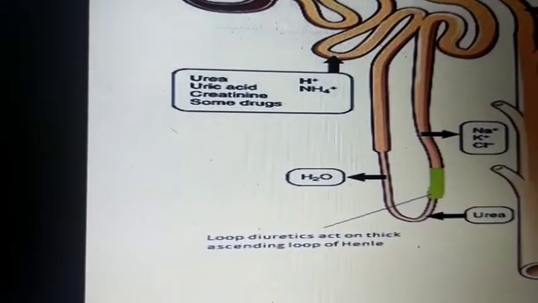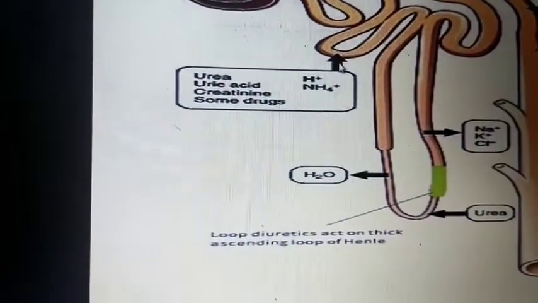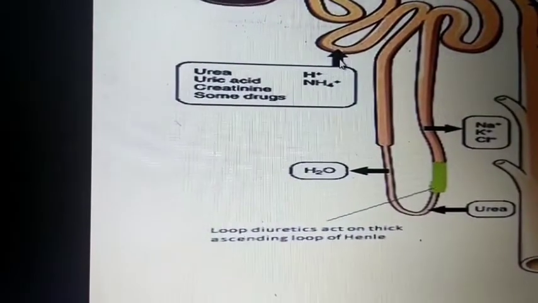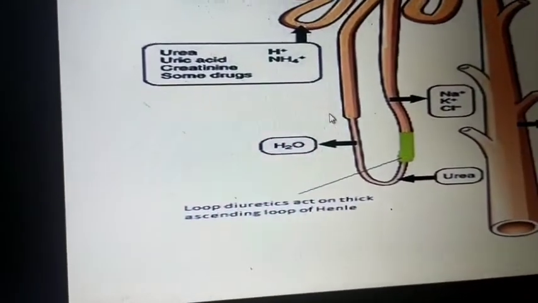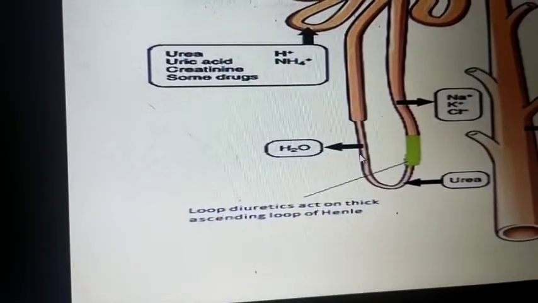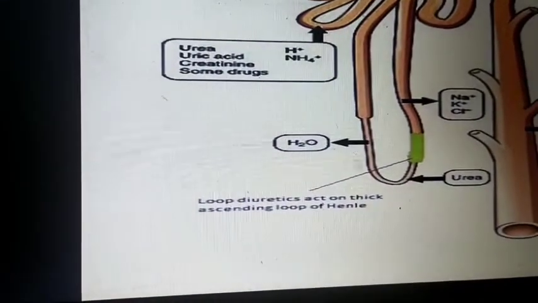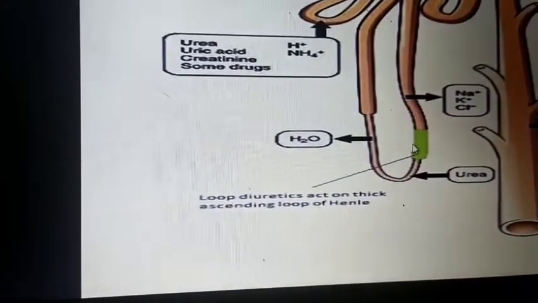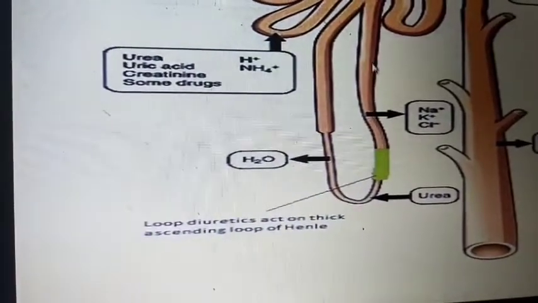And what secretion occurs here? Anions, ammonia, urea, creatinine and some drugs are secreted here. In the loop of Henle there is reabsorption of water. The loop diuretics work on the ascending loop of the nephron.